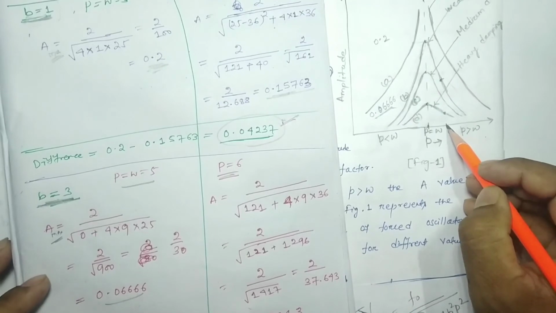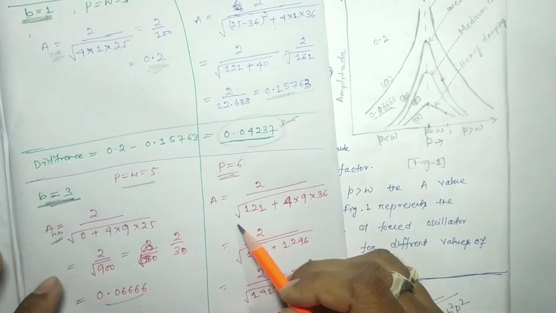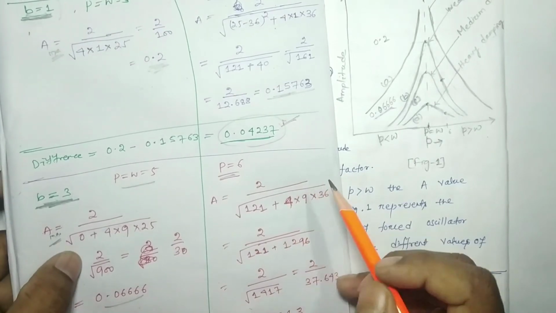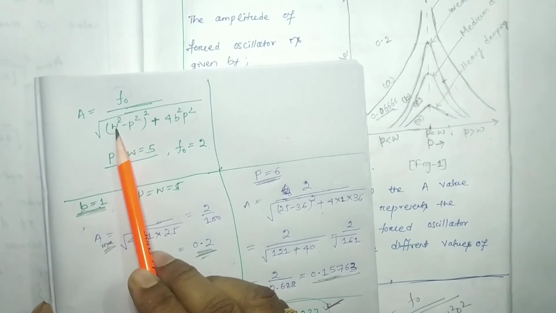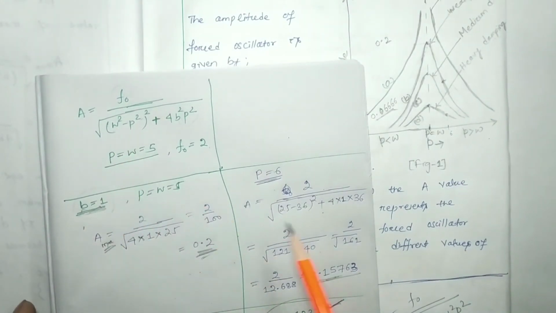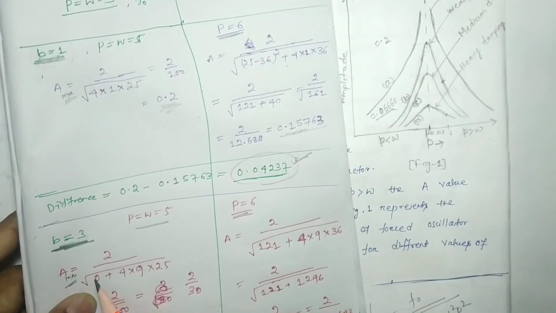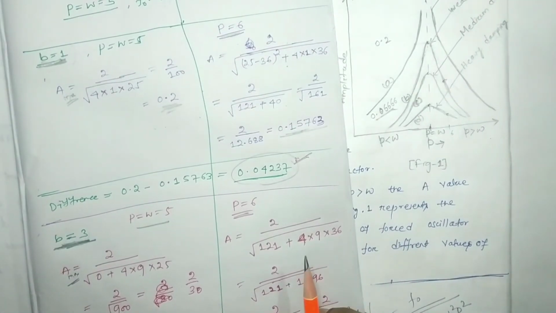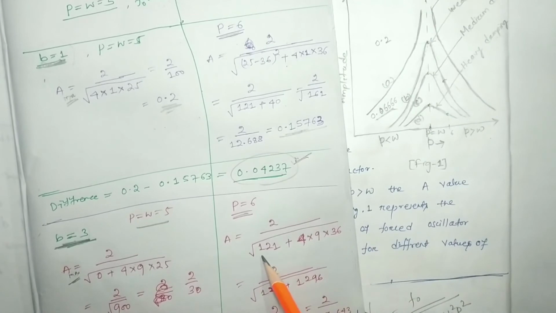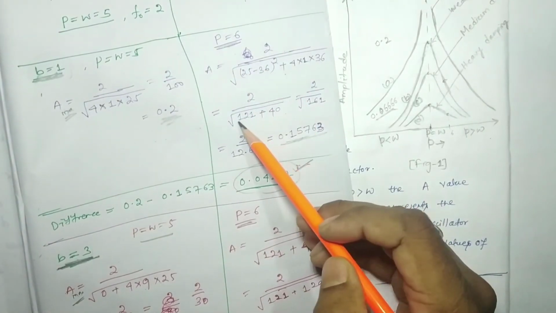For P equal to 6, we just put the values: 2 over the root of, omega is 5, that will be 25, minus P, 25 minus 36 whole square, 121.